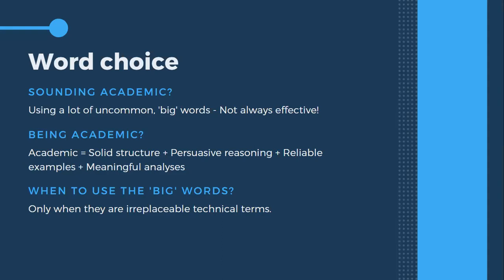Stick to those, and then only use the big words when they are irreplaceable technical terms. If you try to use an advanced academic word when you don't really know its meaning, you may end up using the wrong word with the wrong connotations, and it can actually backfire, and the readers can misunderstand your intention entirely.